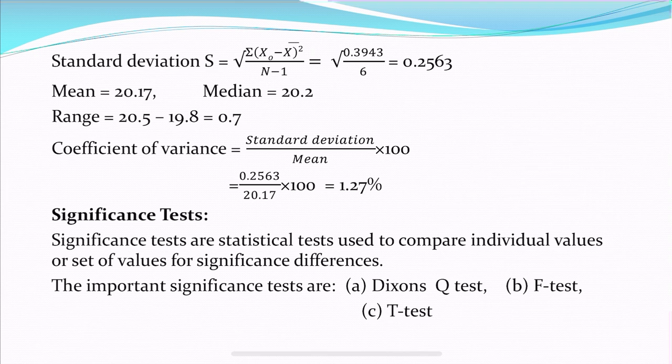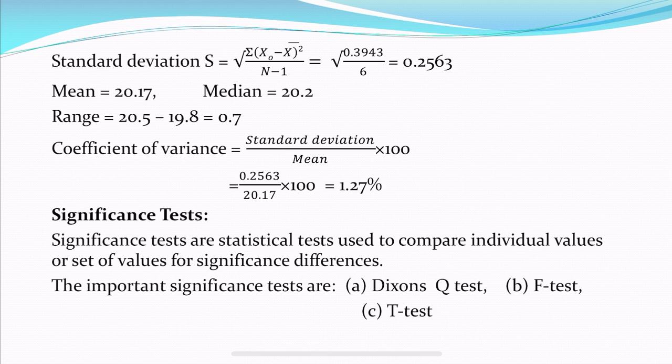Okay. And in my next class we will see the significance tests. We conduct various different tests; these are statistical tests used to compare individual values or sets of values for significant differences.